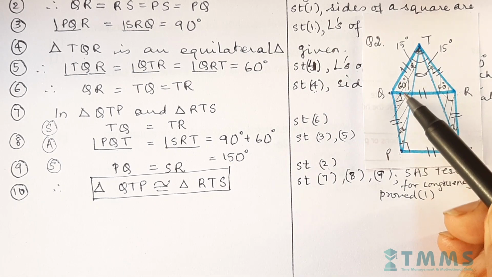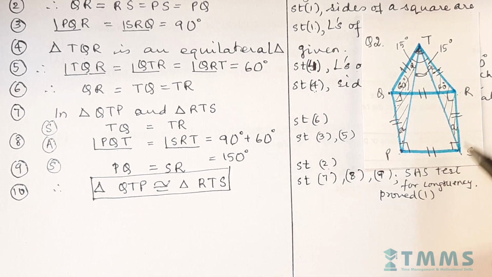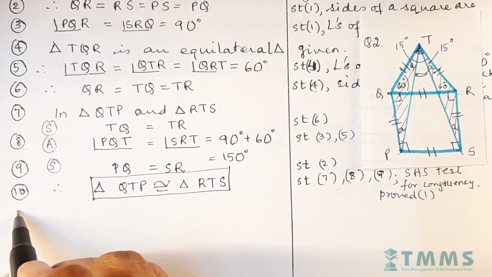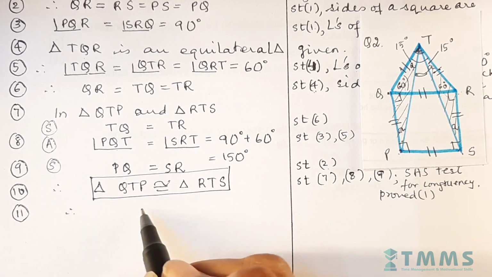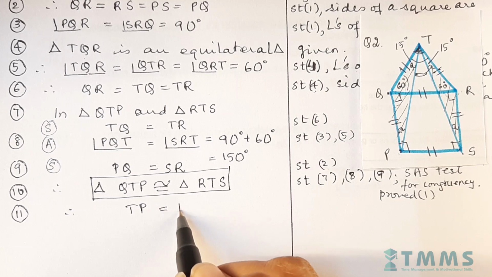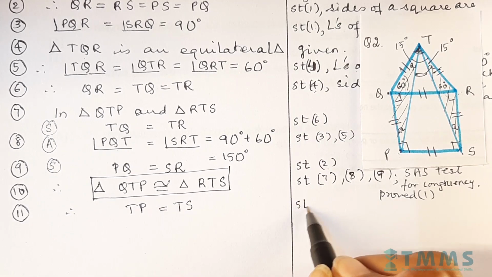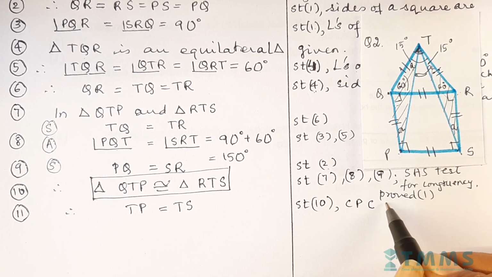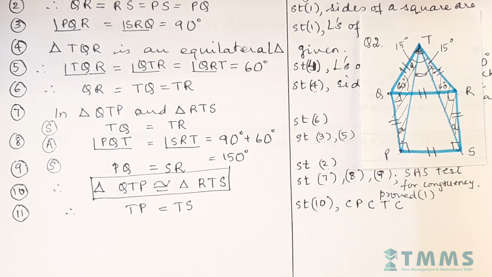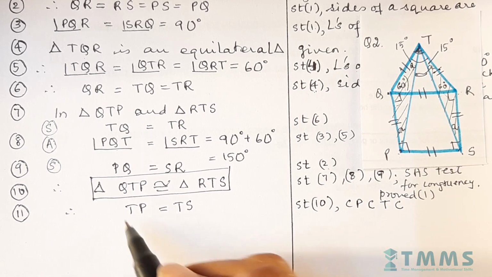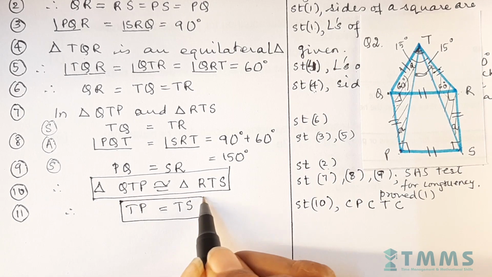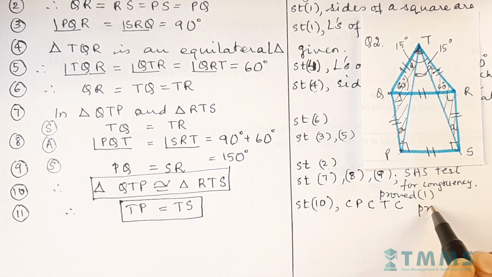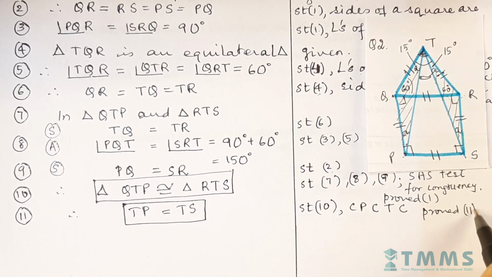Because TP is opposite this 150 degrees. TS is opposite this 150 degrees. So TP and TS are corresponding to each other. So we will write just that. We will say, therefore, TP is equal to TS, and that will be because of statement number 10. And we say corresponding parts of congruent triangles are congruent. CPCTC. And because this was our second proof, we will say proved 2.